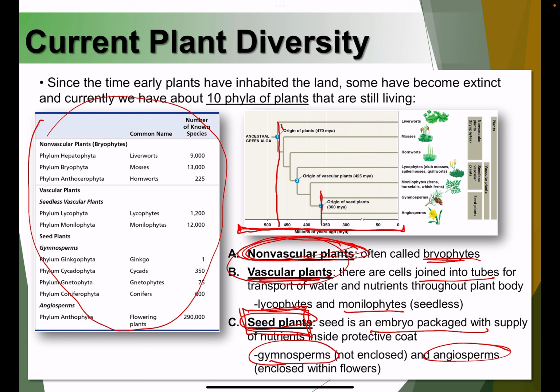Nearly 90% of all living plant species today are angiosperms. We will discuss each of these plants throughout our survey of plant diversity. Excuse me, not chapter 26 and 27, it's chapter 29 and chapter 30. I don't know what I was thinking. Chapter 29 is plant diversity 1, and chapter 30 is plant diversity 2.